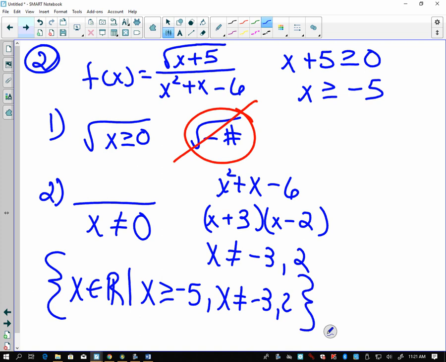That's my answer. Now, if my answer here had, let's say they were less than negative 5, I wouldn't have had to include them, because the first rule has priority over the second. Okay?